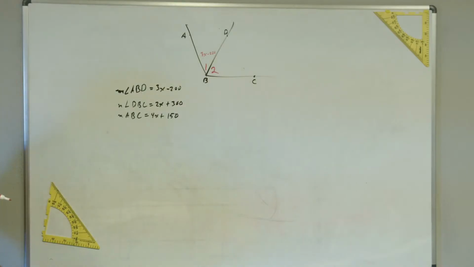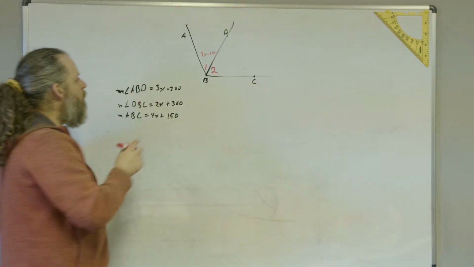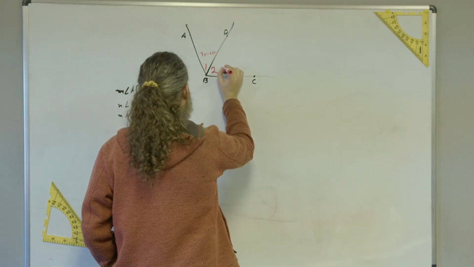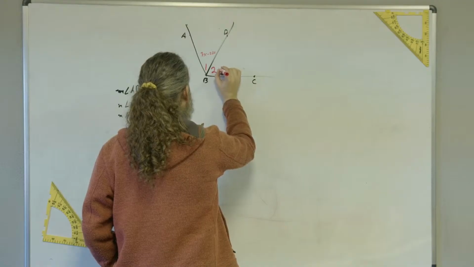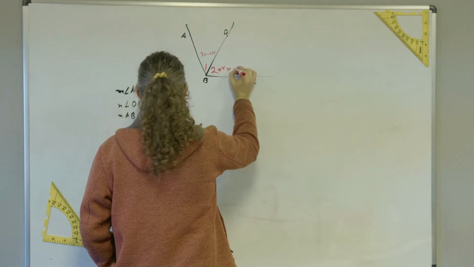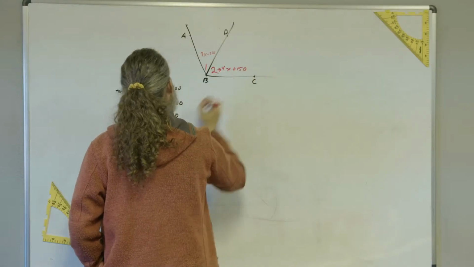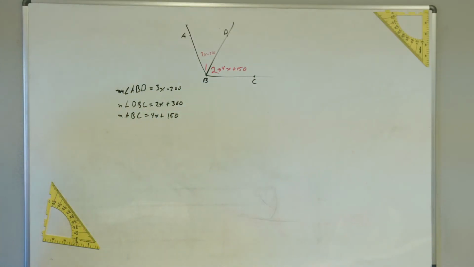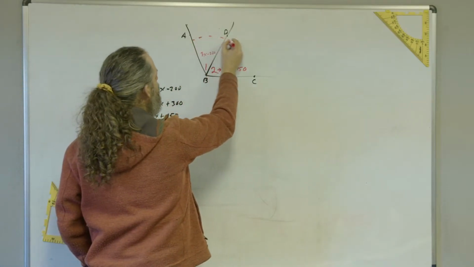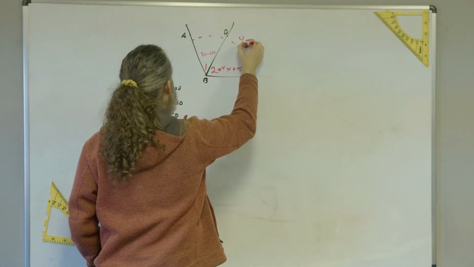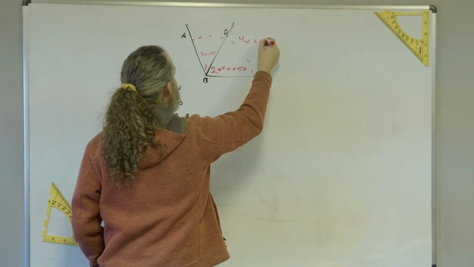Where is DBC? And where is ABC? It's both of them, right? It's the big one. So this big one is 4x plus 150.